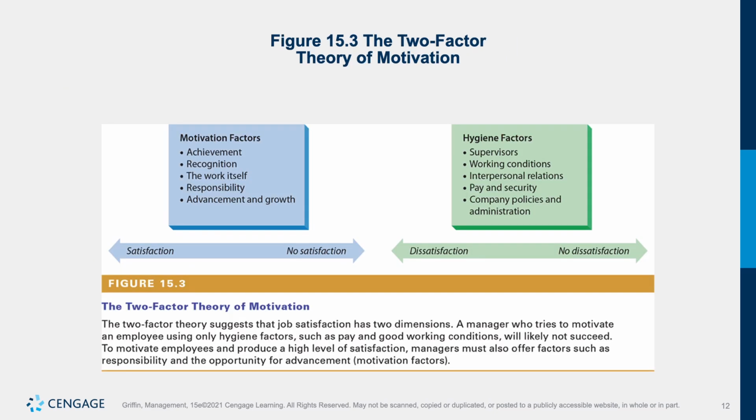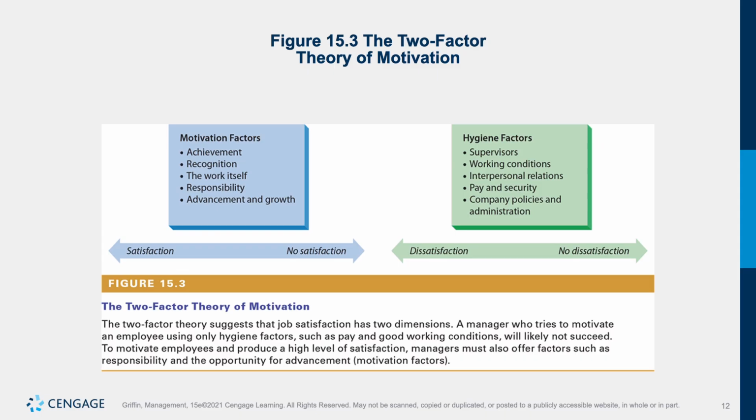The columns on this slide are basically illustrating the two-factor theory of motivation, expressing both the motivation factors and the hygiene factors, right? Telling us what factors actually cause lack of dissatisfaction among employees when there is provision of hygiene factors, right?